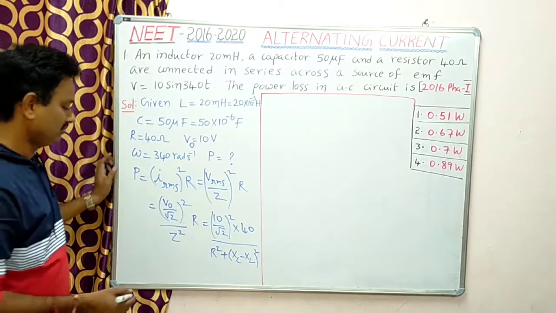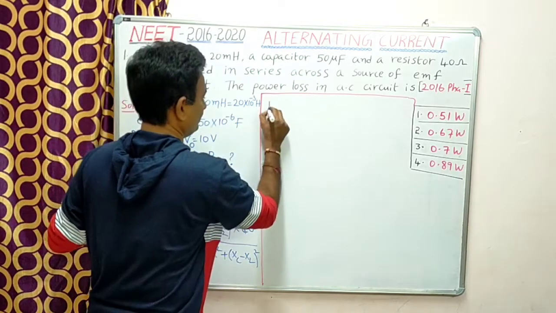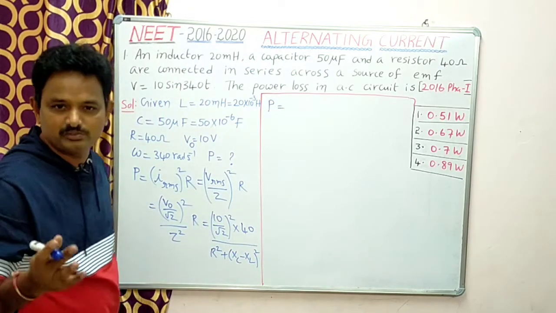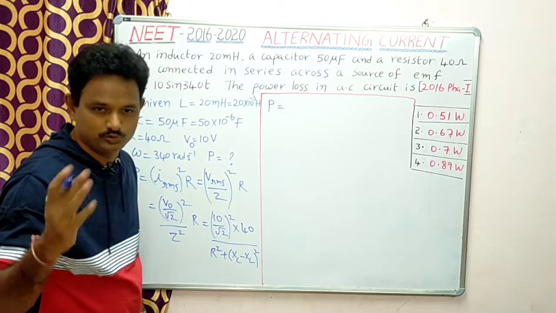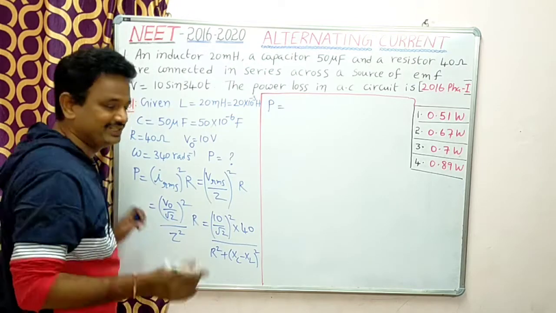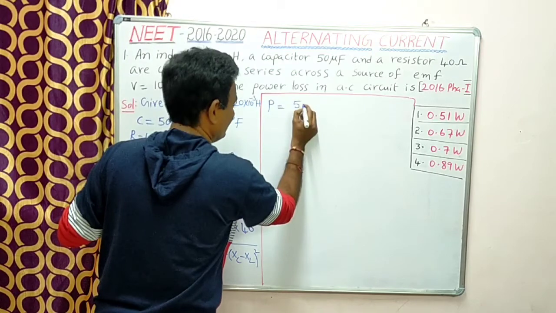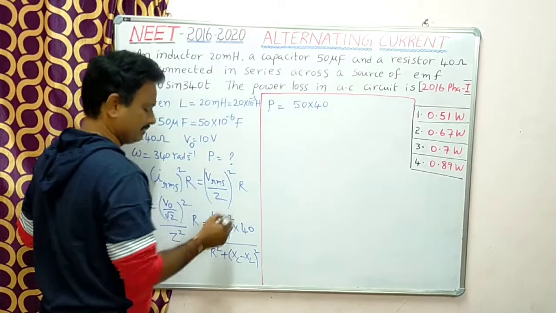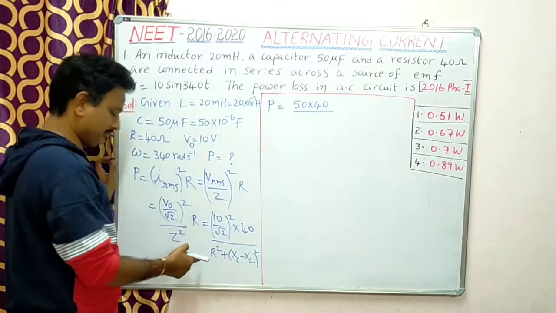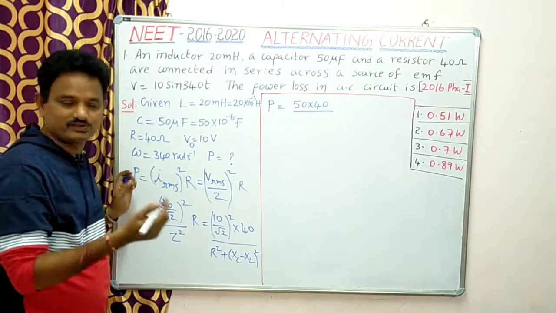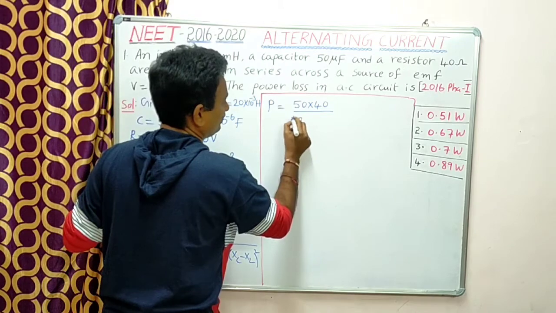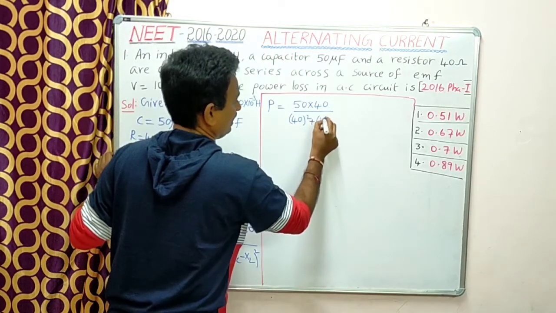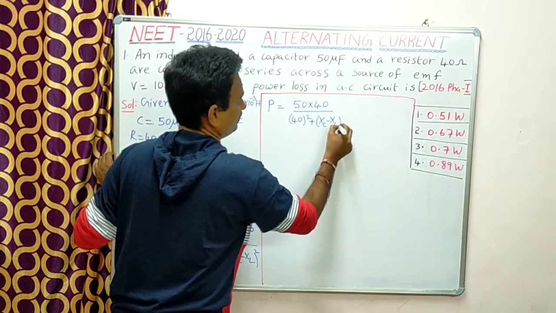Now I will write P equal to 10 by root 2 whole square. 10 square means 100, root 2 square means 2, 100 by 2 means 50. So 50 into 40 by R square, R means 40, so 40 square, plus XC minus XL whole square.